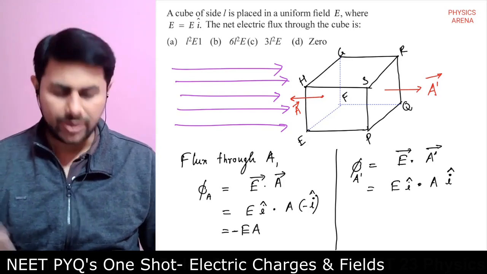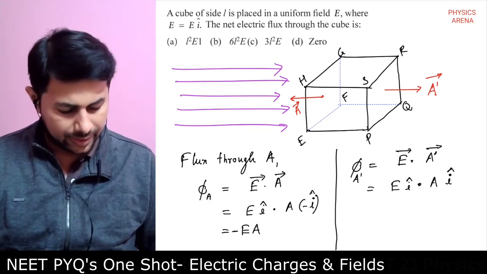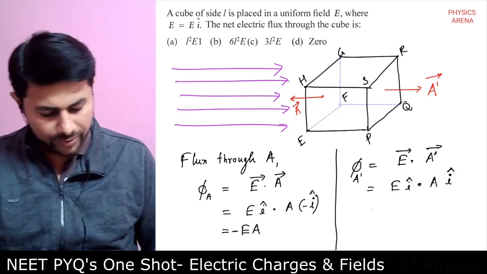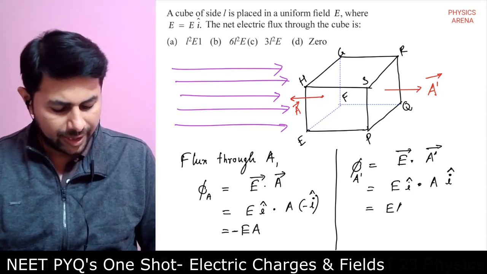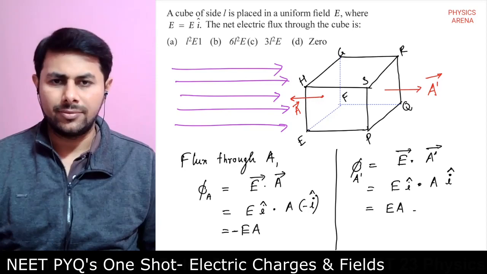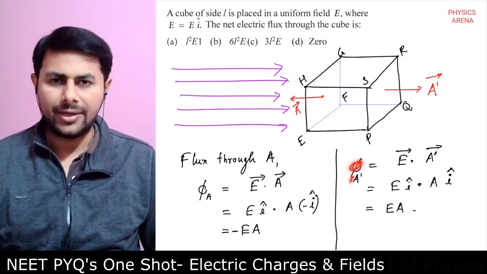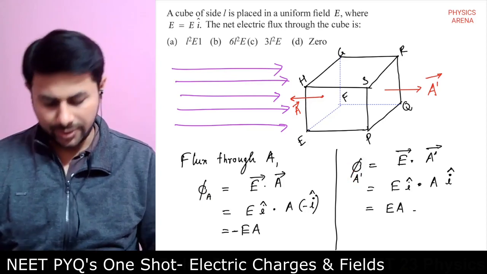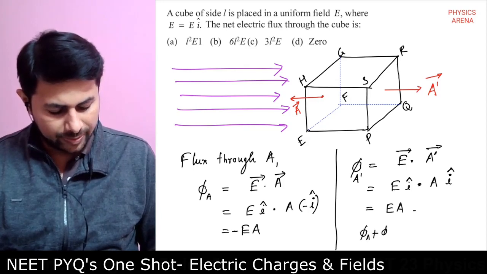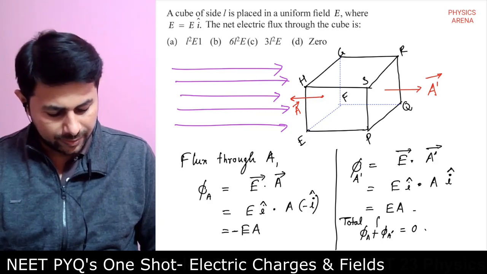The magnitude of A dash bar is equal to the magnitude of A bar. I cap multiplied by I cap is 1, so this is equal to E multiplied by A. Now, what is the total flux? Total flux is phi A plus phi A dash. The sum of these two is 0. This is the total flux.